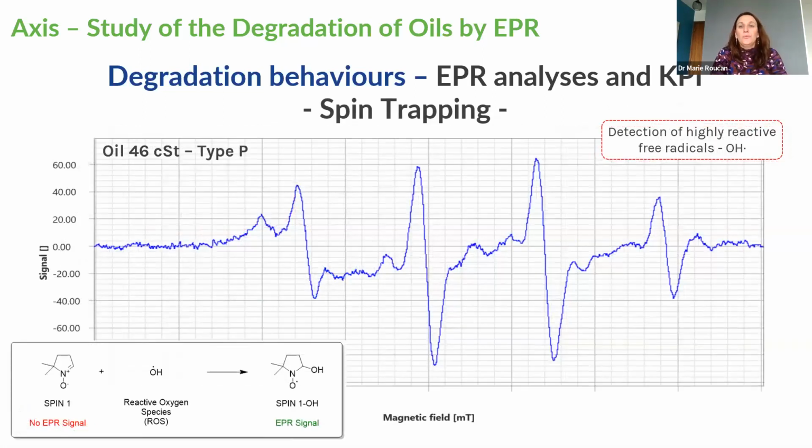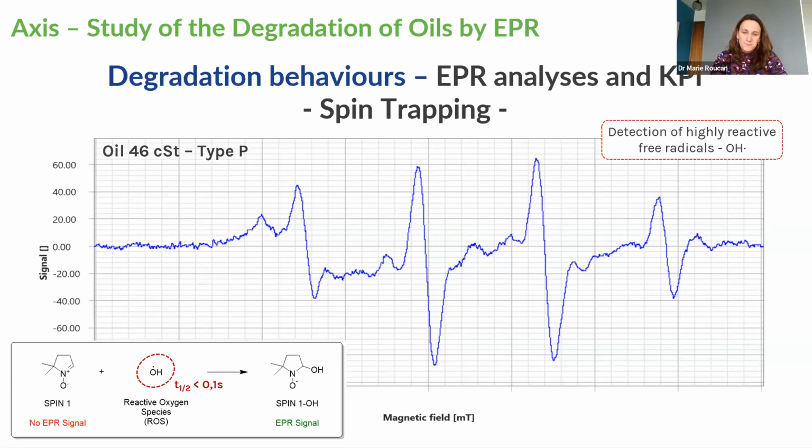Then I told you we were using some spin trapping. Spin trapping allowed us to see the very fast free radicals. For example, one of the radicals formed during the oil degradation is the hydroxyl radical. This is a very reactive oxygen species, and its lifetime is less than 0.1 second. So I have no time to do the analysis to see it. It's way too reactive.